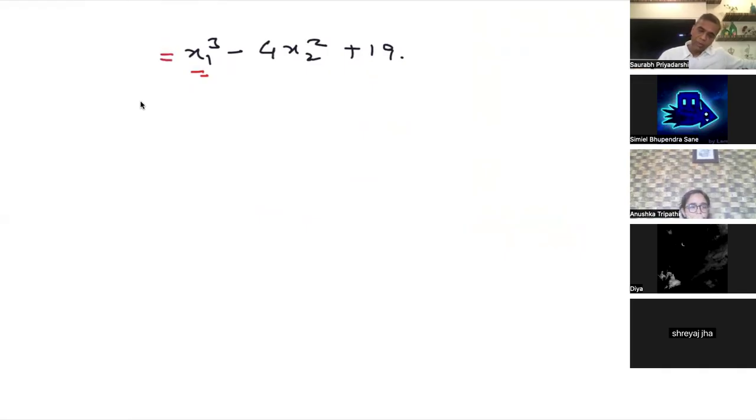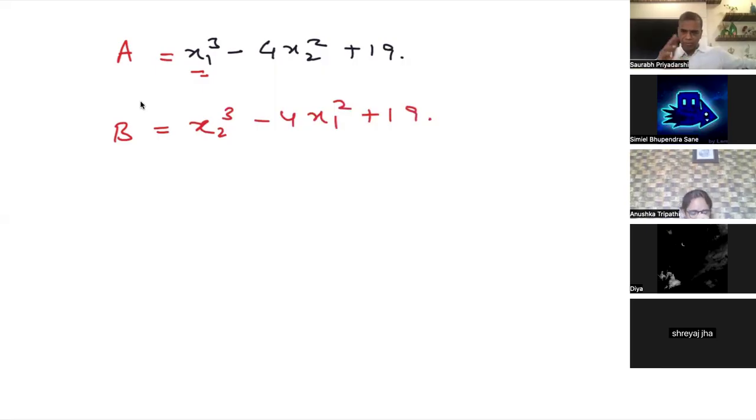So let's assume this is A. And now I'm assuming B as x2 cube minus 4 x1 square plus 19. Is this okay? I have just reversed this. Where it was x1, I have written x2, and where it was x2, I have written x1.